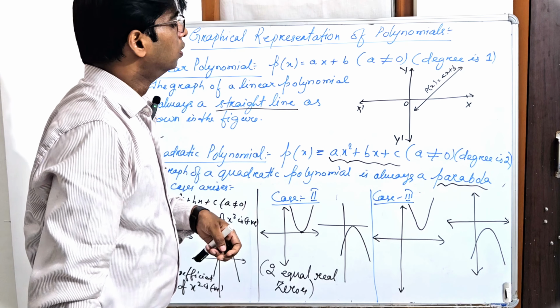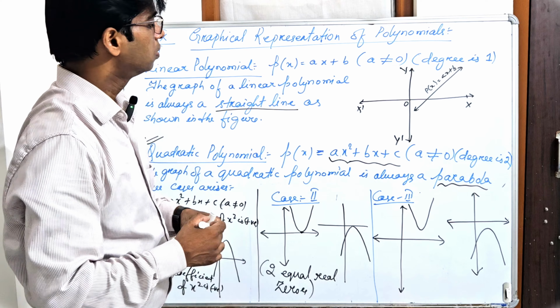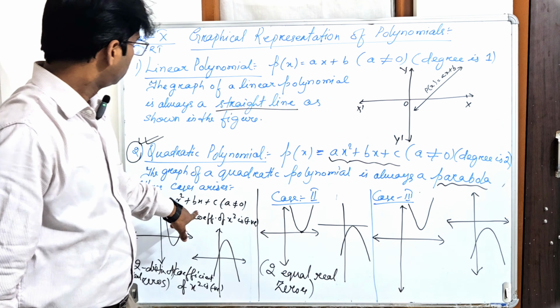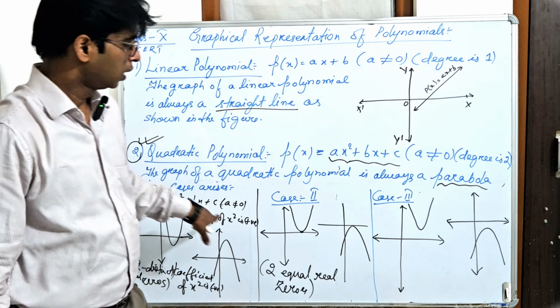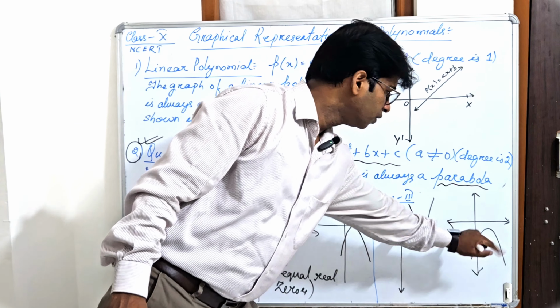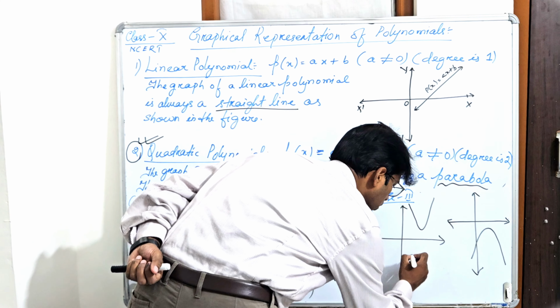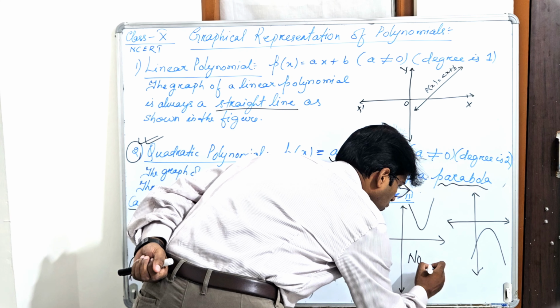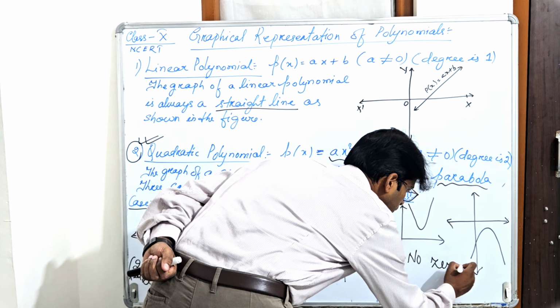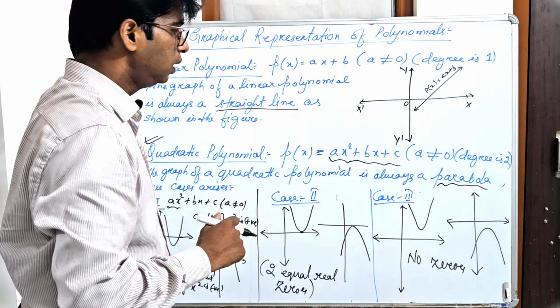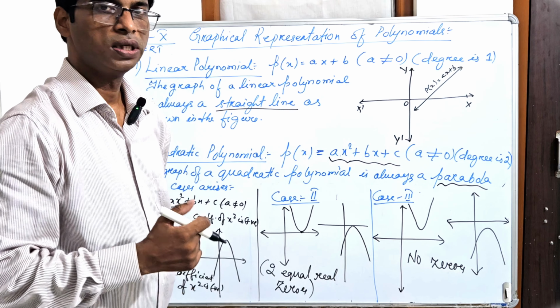If it is opening upward, the coefficient of x square is positive, and if it is opening downward, the coefficient of x square is negative. But here there are no real zeros, or no zeros at all. Why? Because it is neither touching the x-axis nor intersecting the x-axis at two distinct points.